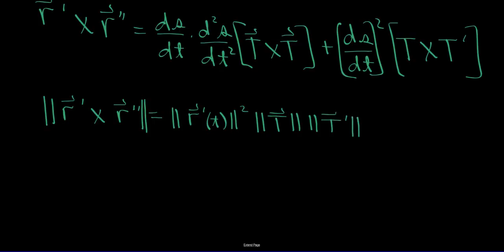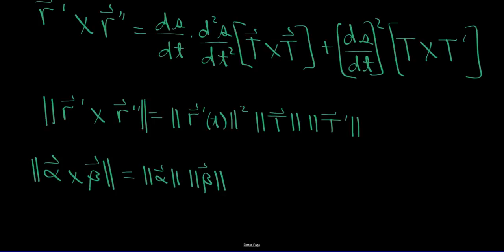Remember we said that if you have vectors alpha cross beta, and you want the magnitude, that is the same as the magnitude of alpha, times the magnitude of beta, times sine of theta. Well, we know that t and t prime are orthogonal, right? So theta is 90 degrees. So sine is 1. So really, our alpha is t and our beta is t prime.